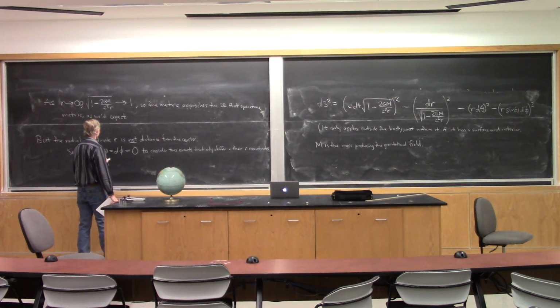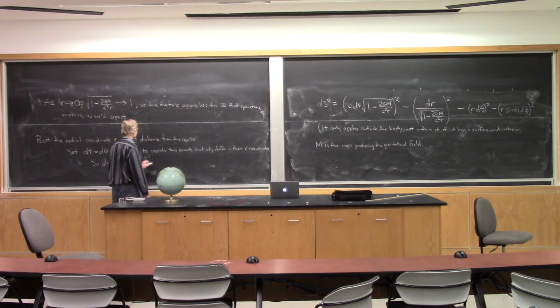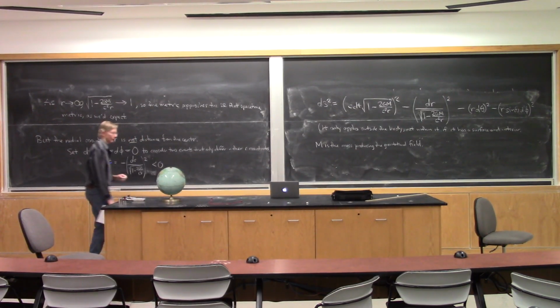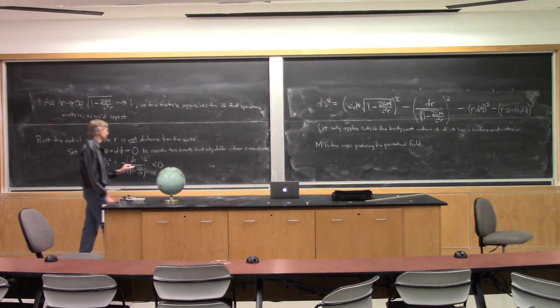So ds squared is equal to minus dr squared over 1 minus 2GM over c squared r, which is less than 0.